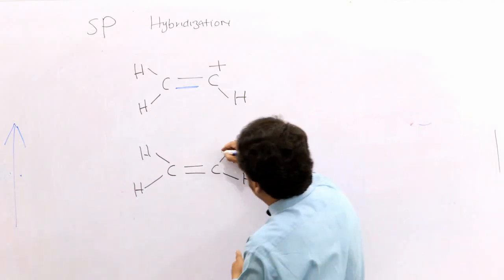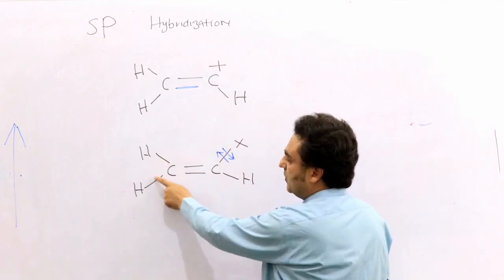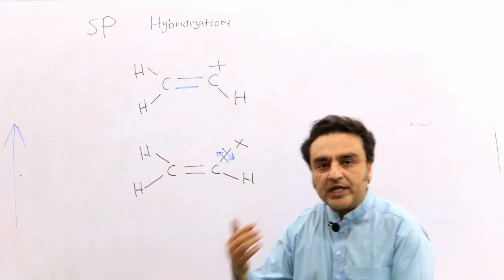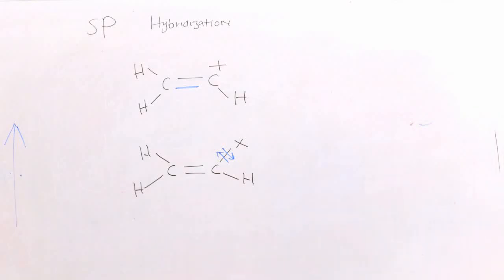As you know, there are two electrons present in each bond. All bonds are sp2 bonds, and this X somehow takes away both electrons with itself and runs away.